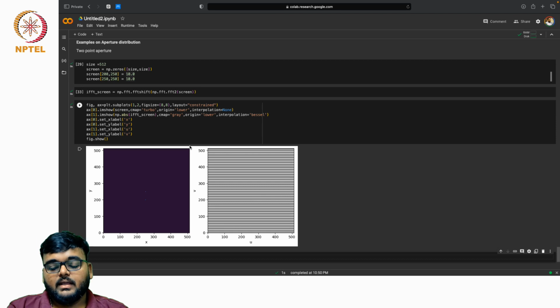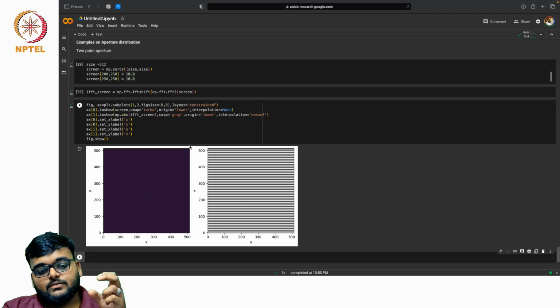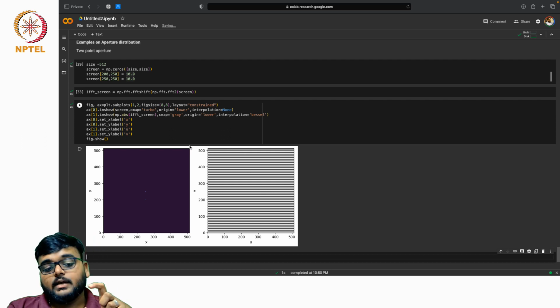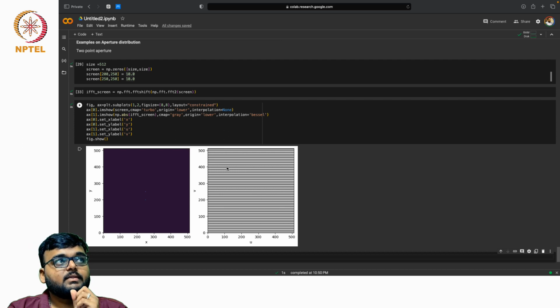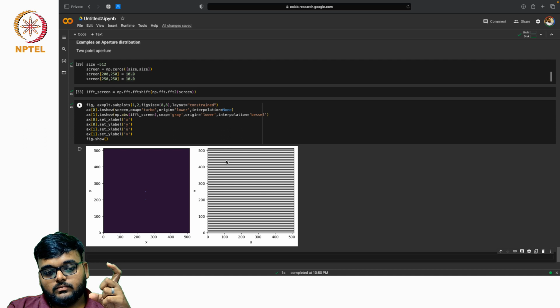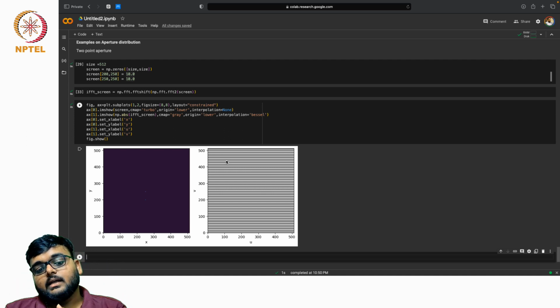You will get the same, because the inverse Fourier transform of a 2-point source, or the Fourier transform of a 2-point aperture, either way you will get this kind of pattern here, because those are Fourier pairs. If you do IFFT in one domain, you will get the fringe pattern type in the other domain.